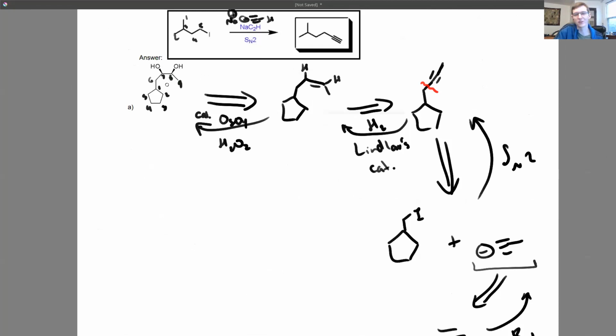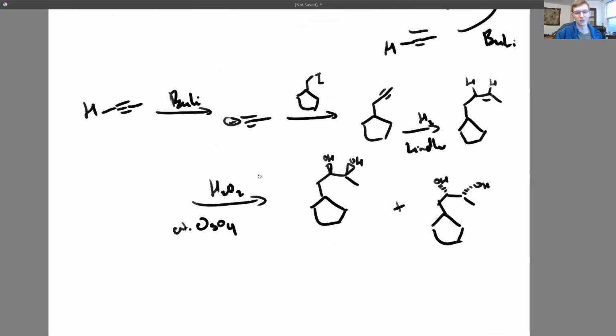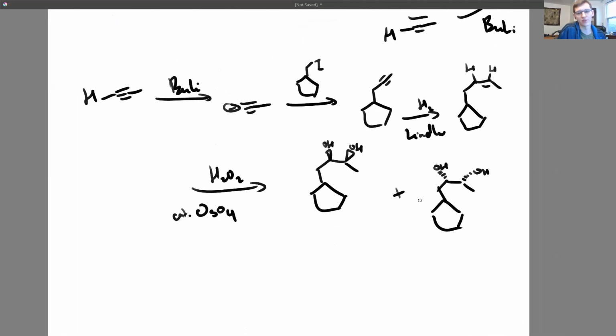There's no good way to do this with getting this specific stereochemistry, right? At least certainly not in this class. So we'll get both of them. The question is just to get both of them on the same side, right? So we got what we wanted.